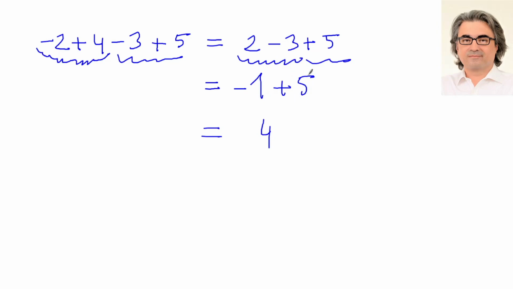The greater one is 5, as you see, and the sign of 5 is plus. There is only 4 here, and I don't need to write this plus sign if it is positive. It means plus 4.